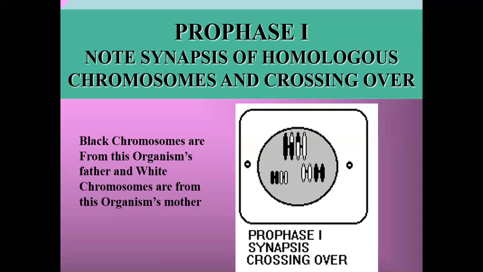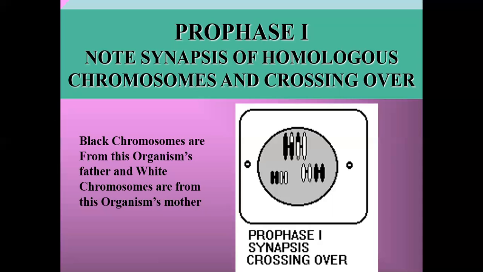Chromosome 1 from dad is sticking close to chromosome 1 from mom. Chromosome 2 from dad, the little dark one, is sticking close to the white one from mom, and so on. And same thing with chromosome 3. Also, it doesn't show it here, but the nuclear membrane is going to be breaking down, and those centrioles on the outside are going to start making the spindle for the chromosomes to move on.